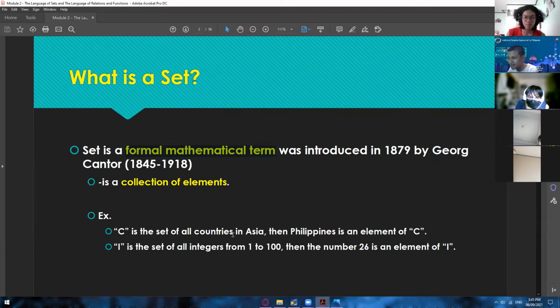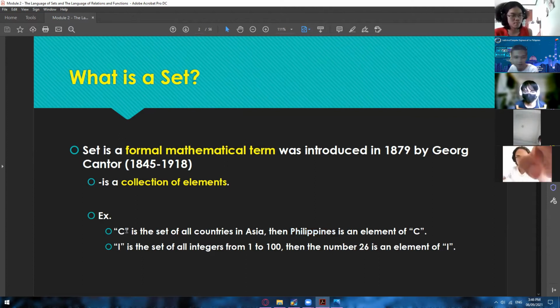Then Philippines is an element of C. This C is like the title, and below it are all of the countries in Asia. One element of it is the Philippines or Japan or China or Korea. Any country that is in Asia is an element of C.